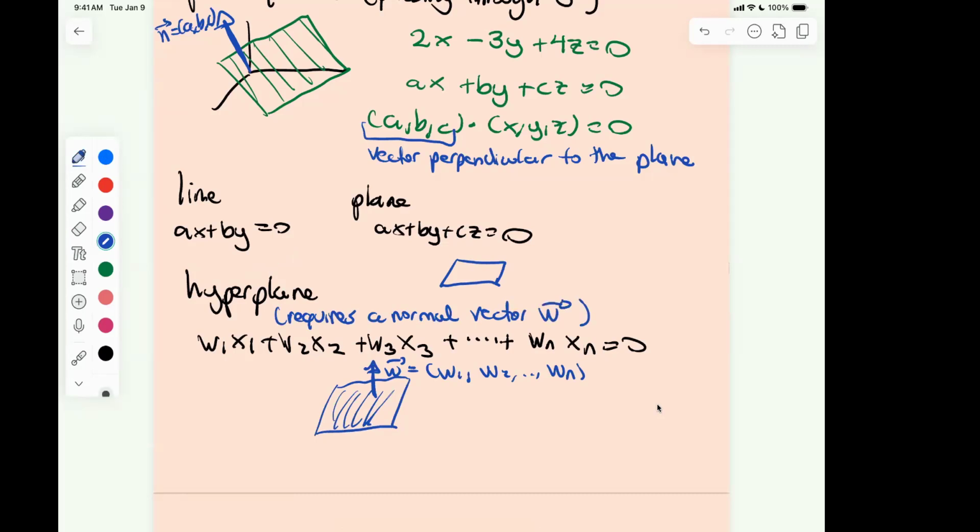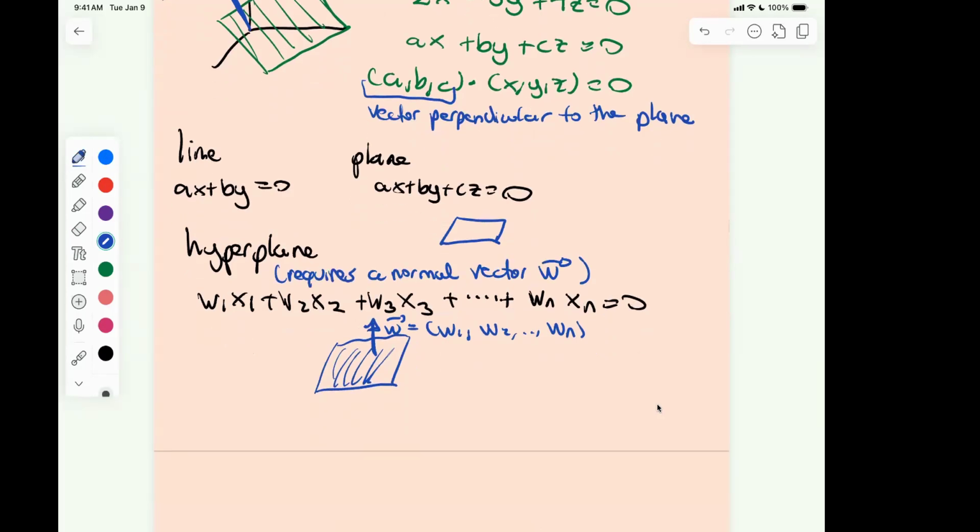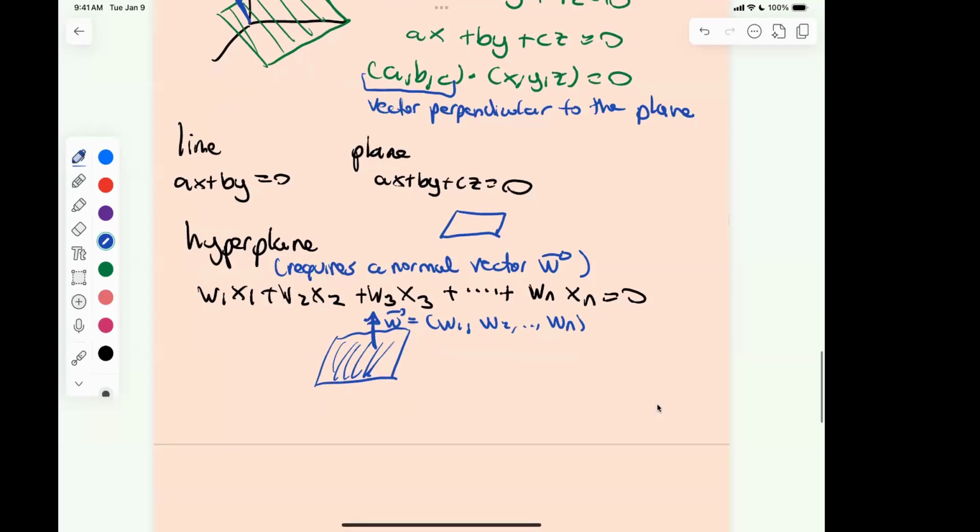Okay, and finally, after all this introduction, I can tell you what this Farkas lemma says. The Farkas lemma says that only two things can happen. One of the two things can happen and not both simultaneously.